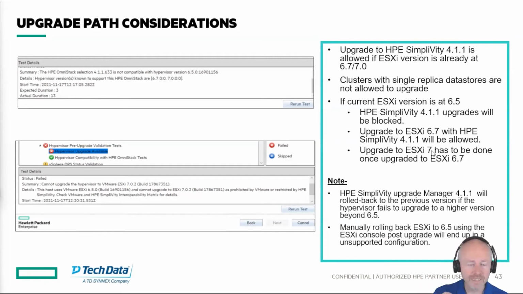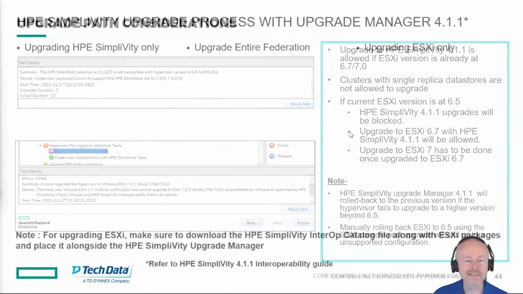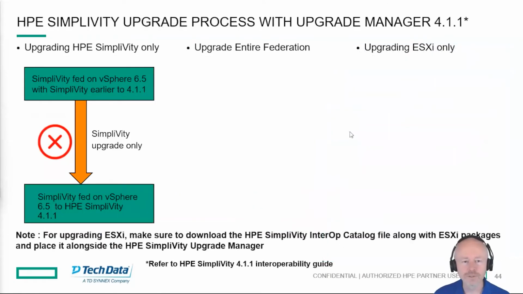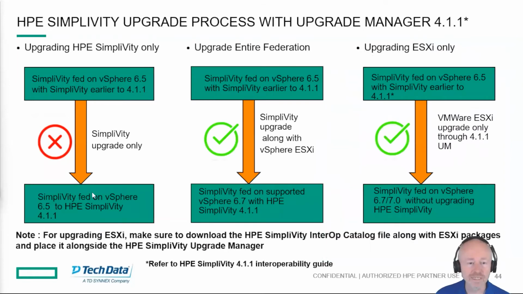But also there, please take a look in the upgrade guide and in the interoperability guide, because this is what is explained then going from 6.5 with an old version of SimpliVity. There are some things that are not allowed and there are a few things that are allowed. And there you go, refer to that interoperability guide.